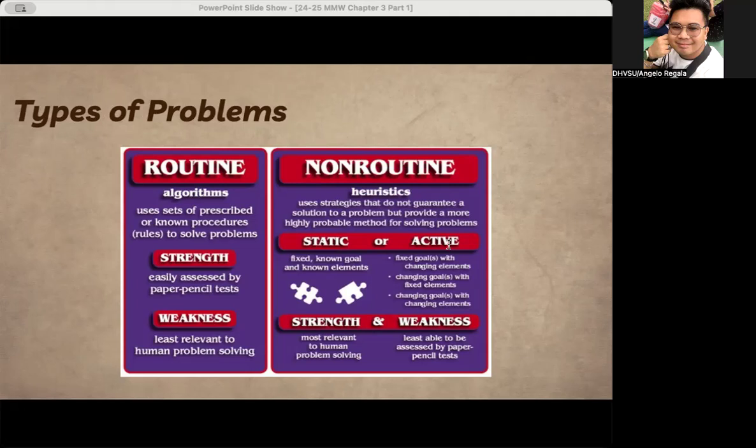That is active non-routine. Okay? Again, kapag static, everything is fixed. Now, your goal and the problem are fixed. Kapag active, sa umpisa, ito yung goal mo, but as you gather information, nag-iiba na yung goal mo. Okay? So that is static and active.